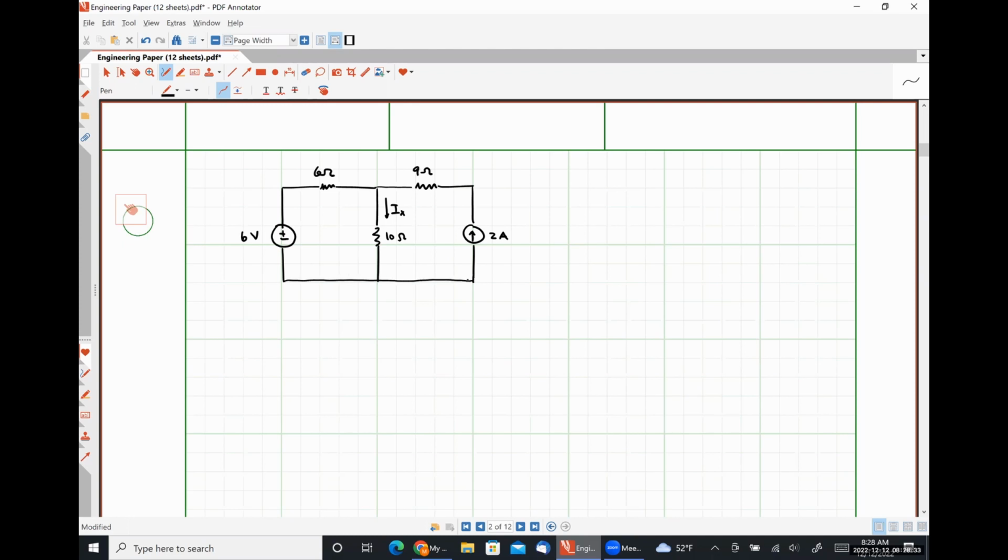And once again, we are going to be solving for the quantity Ix, but we're now going to do it in an entirely different method that utilizes the superposition principle.